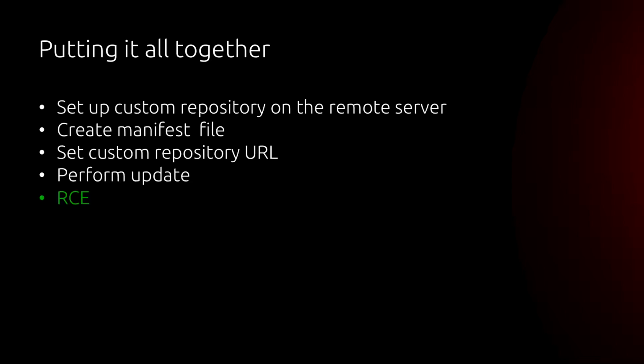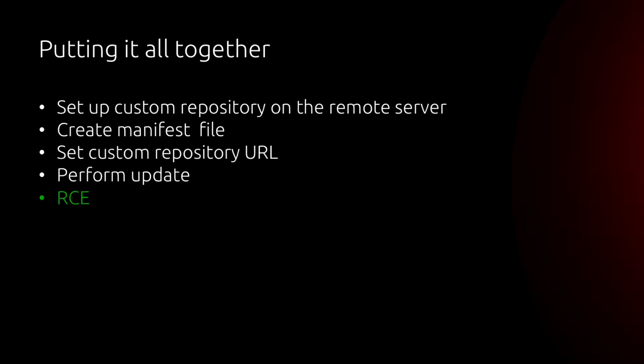So the next step, we set the remote repository URL and disable the signature verification. At the next step, we send HTTP requests and tell the application to perform the update. As a result, the command from the manifest file is executed and we get remote code execution.